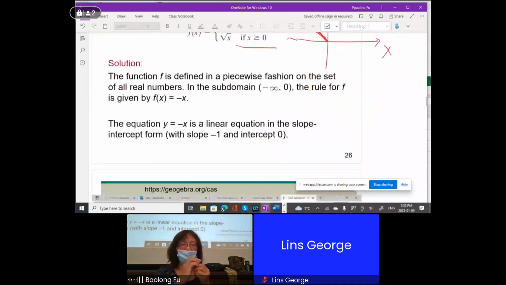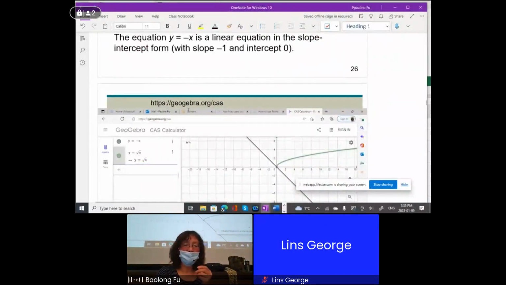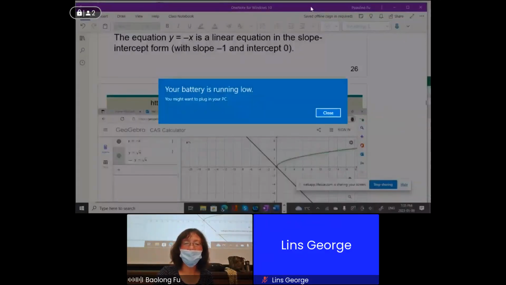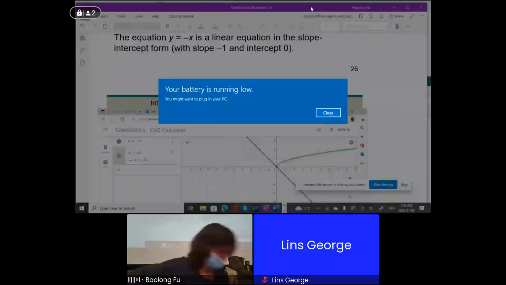So now I'm going to use this software. I will go to this website. Can I just copy and paste? No. GeoGebra. Oh, my battery. Give me 1 second.